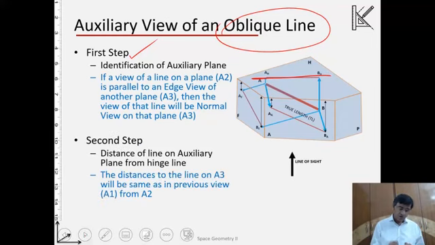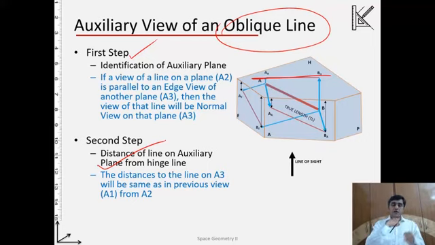Number one. Number two, the distances. So we look for the plane which is A1. Now in this case, A1 and A3 both are orthogonal to A2.